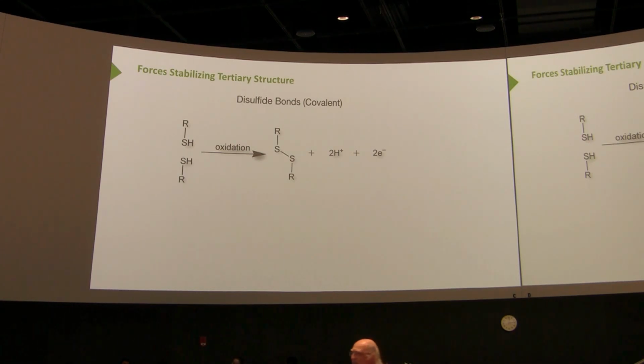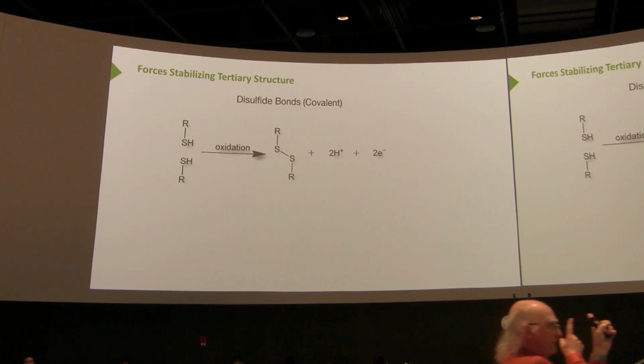Right? So we can imagine that a protein that had two different cysteines, one was located on this part of the protein over here, and another one was located way over here on another part of the protein. When the protein folded, these guys were brought into close proximity. Everybody with me?